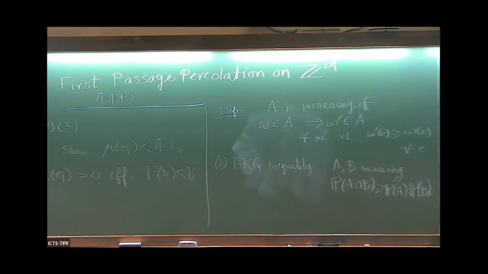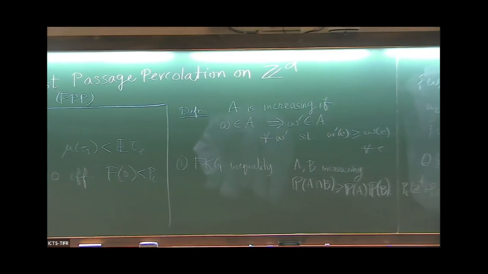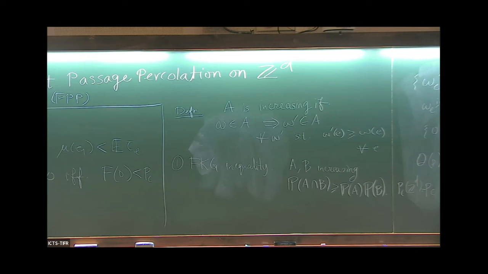In other words, it says that increasing events are positively correlated. So for an example, take any two vertices A and B. It's easy to see that the event that there is an open path joining A to B is an increasing event, because if there is a path, it doesn't matter if you open some more edges, there will still be a path, right? So that's an increasing event.